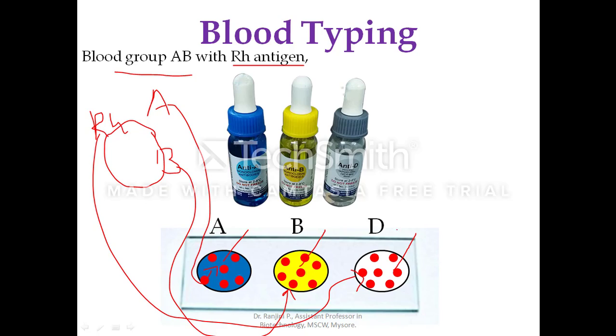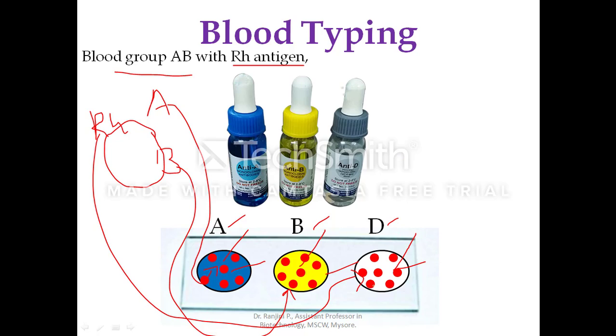That's why an individual with the AB blood group shows agglutination in all the circles labeled A, B and D respectively.